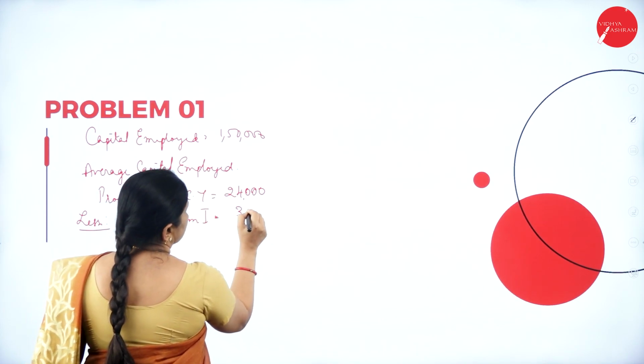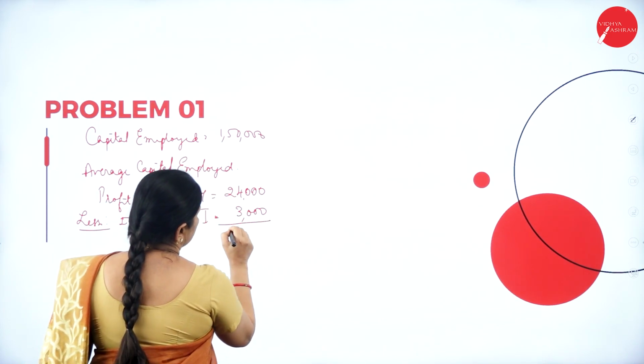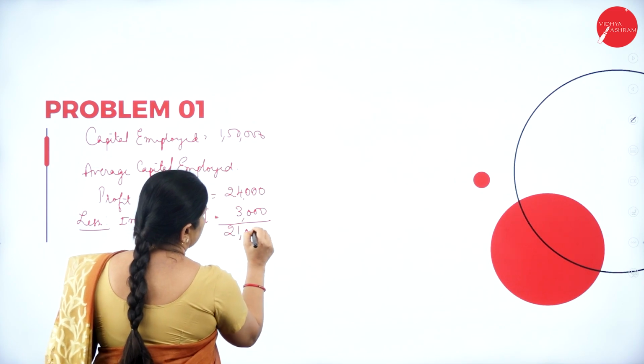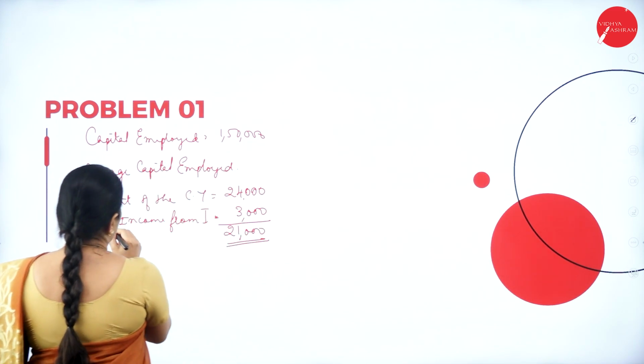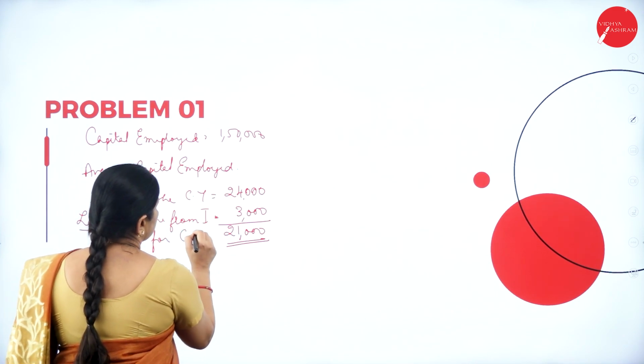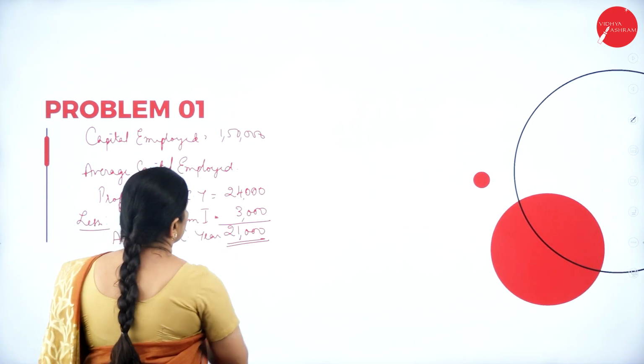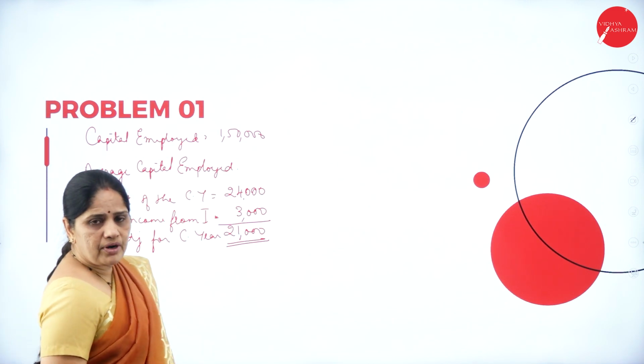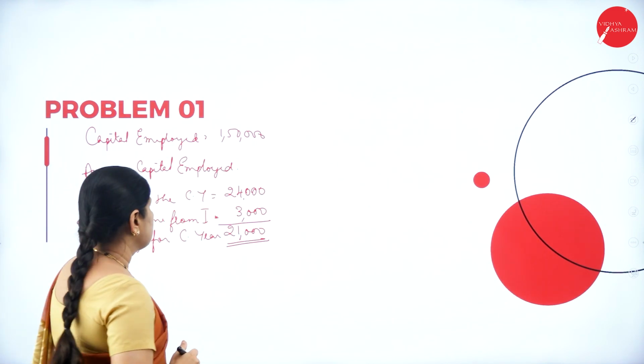This is non-trading profit. So, I get the adjusted profit for the current year, that is 21,000.